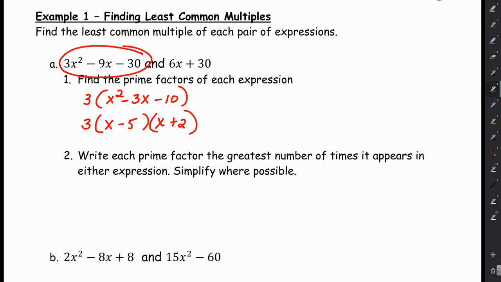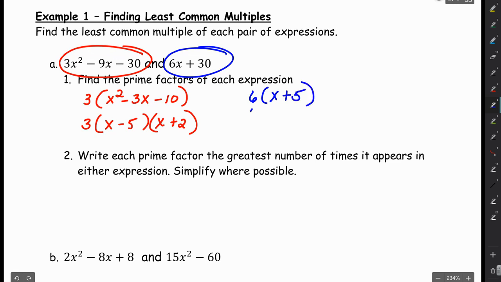All right, now let's factor the other one. We have a GCF of 6, so we're going to pull the 6 out. And this 6 can be broken down a little further to prime factors of 2 and 3.